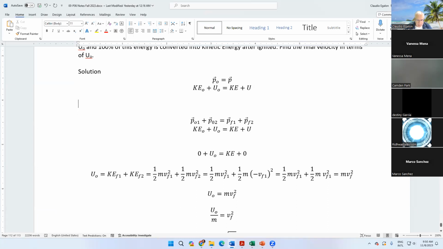Because the objects do not change height, U final must be equal to U initial. I apply this condition right here, and this term is going to cancel out this term.